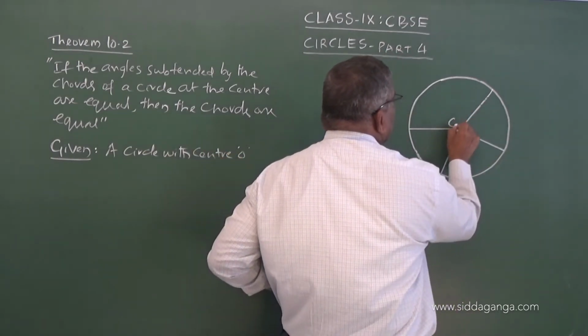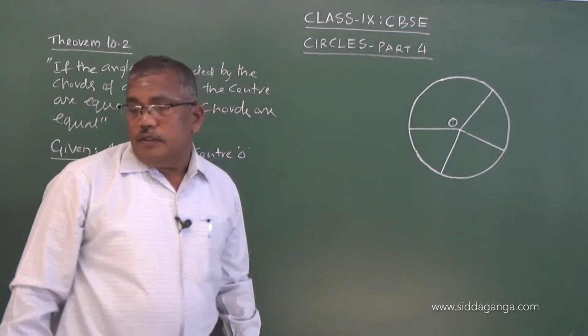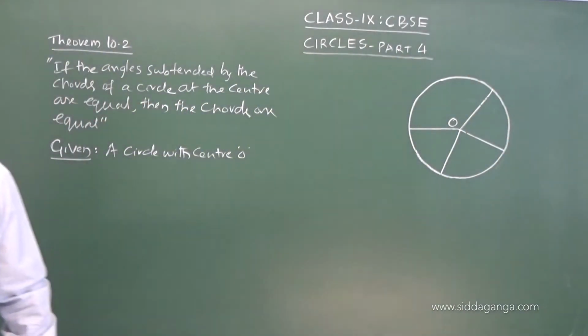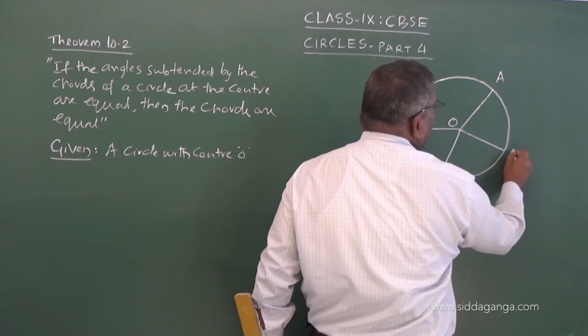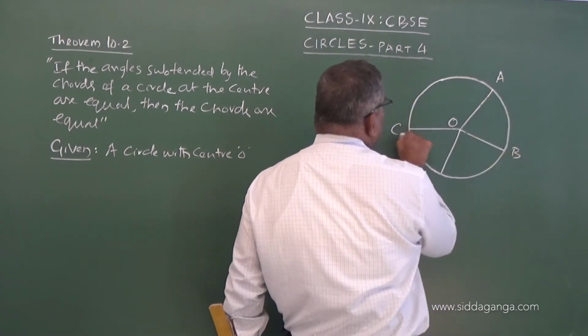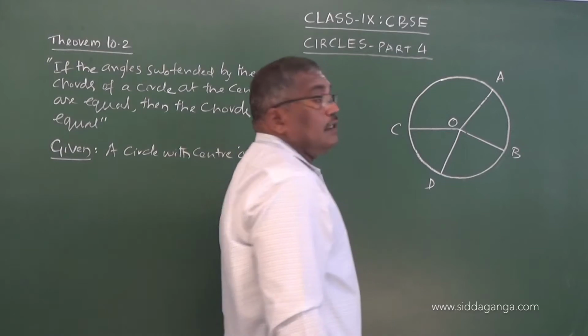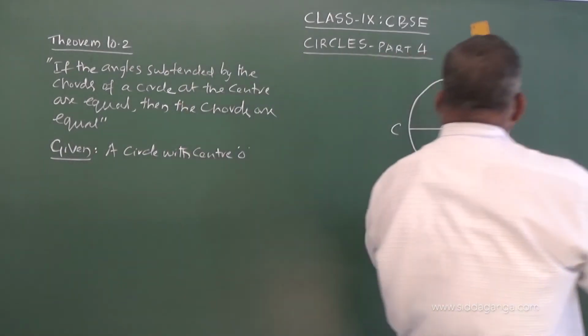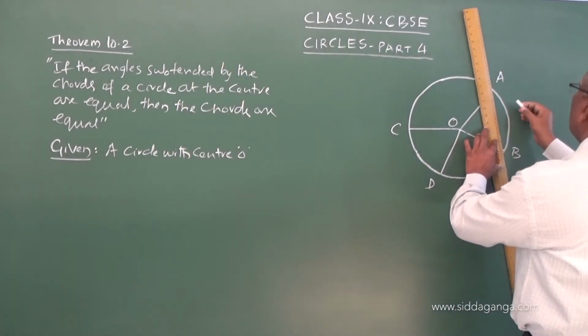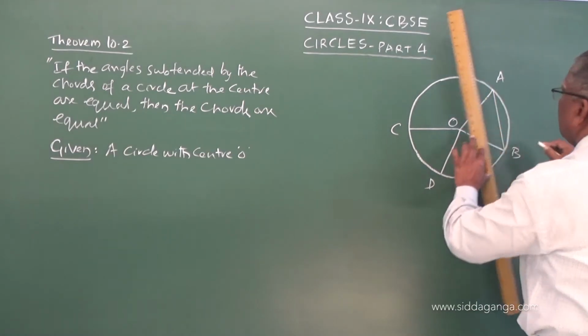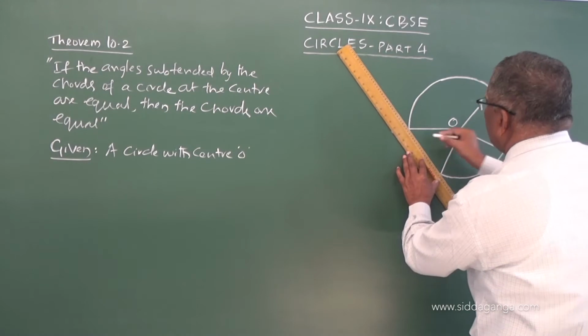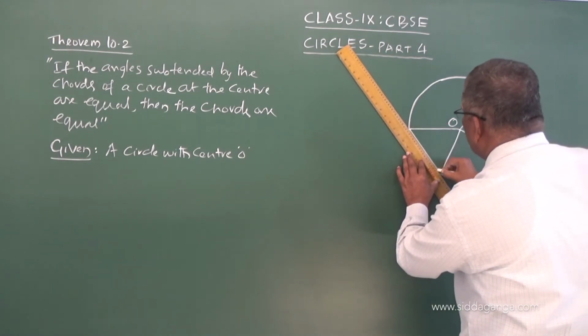This is center O, and I call these points A, B, C, D. Join the chords AB and CD. This is chord AB, this is chord CD.